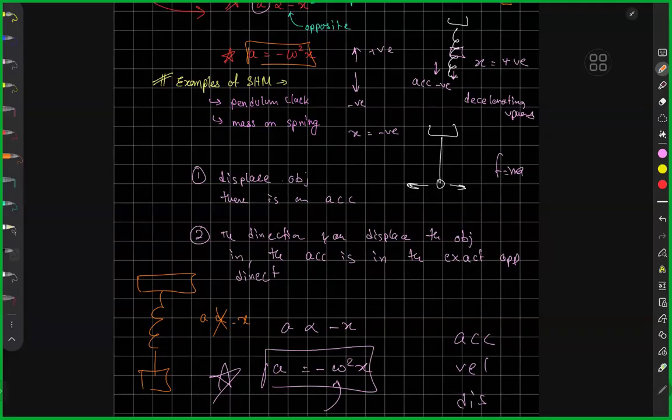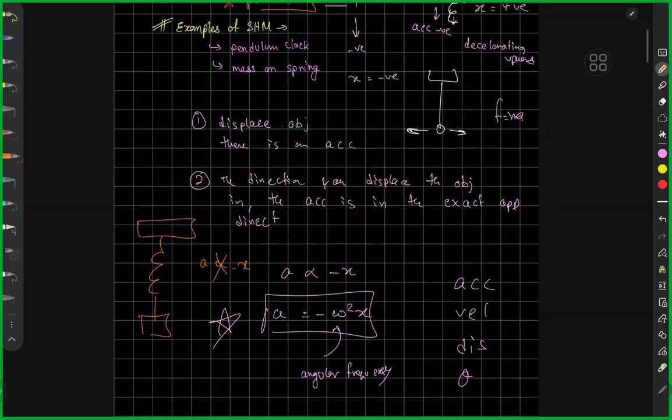Let's say that is not the case. Let's say acceleration does not increase in proportion with the displacement. In that case, is it a simple harmonic motion? No. Let's say when my displacement is 2 meters from equilibrium, right?